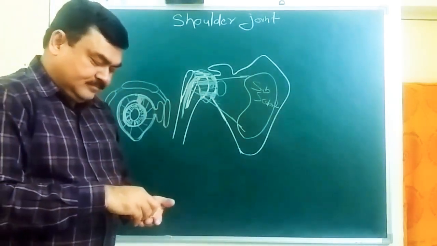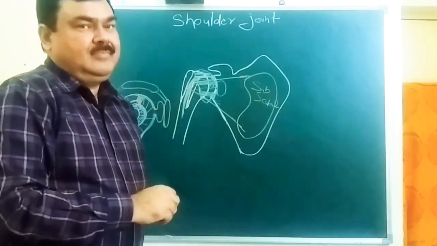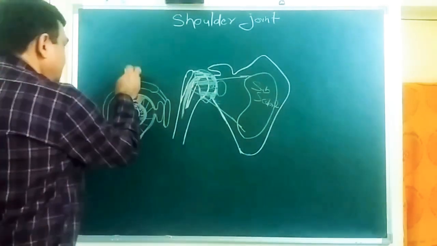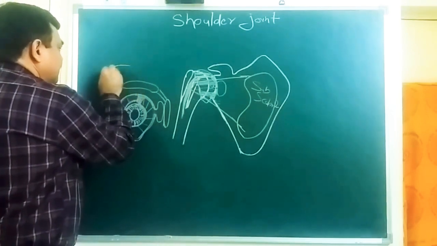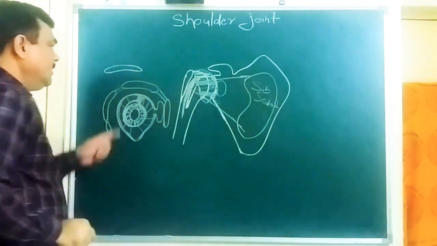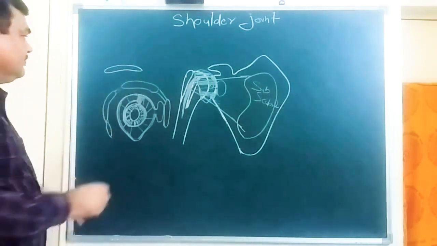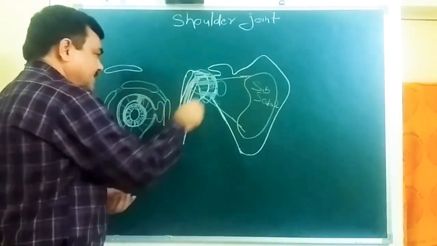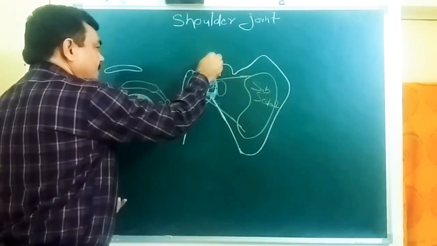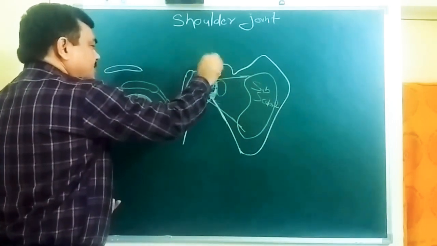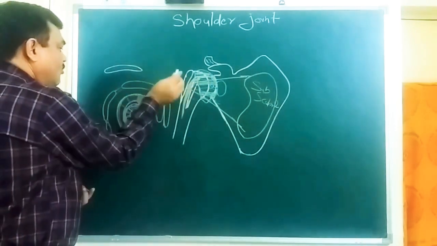Another structure, another mechanism which gives support to this, here is the acromial process. This is acromial process, and here is coracoid process.